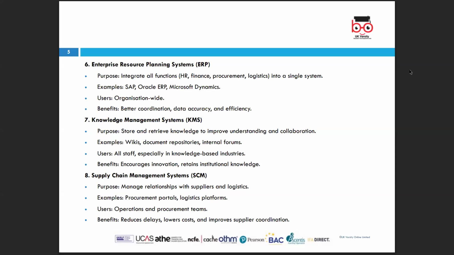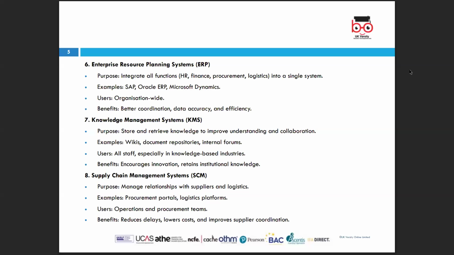The technologies involved are SAP, Oracle ERP, and Microsoft Dynamics. This technology is used in organizations widely. And again, the benefit we get is better coordination, data accuracy, and efficiency.